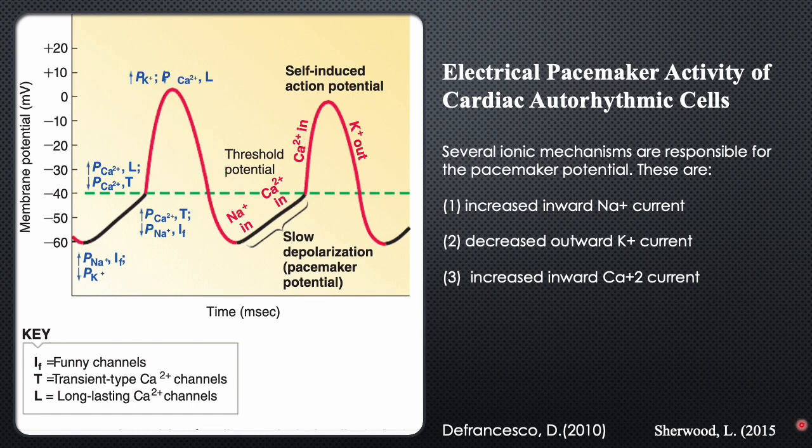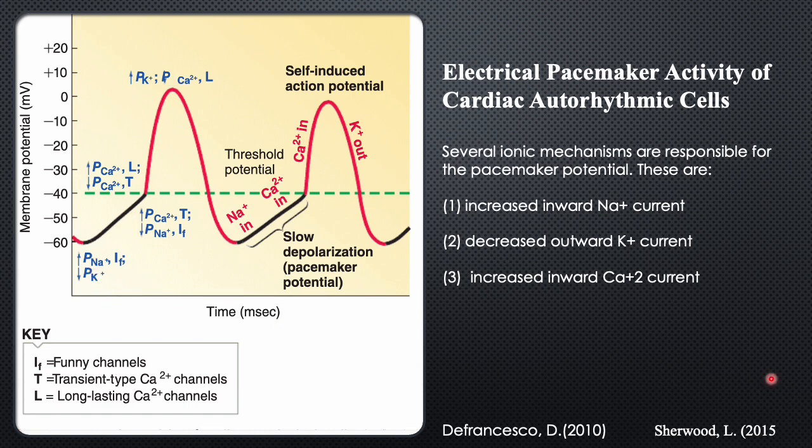This slow closure gradually diminishes the outflow of potassium ions down their concentration gradient. The resulting decline in the rate of potassium ion efflux, occurring simultaneously with the slow inward leak of sodium ions through the open funny channels, contributes to the early drift toward threshold.